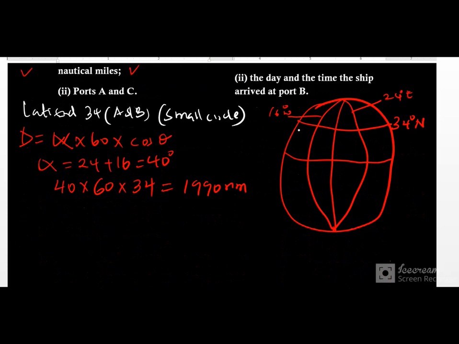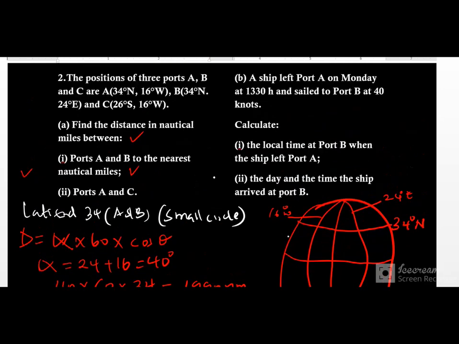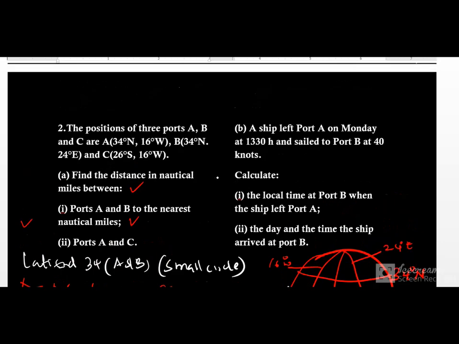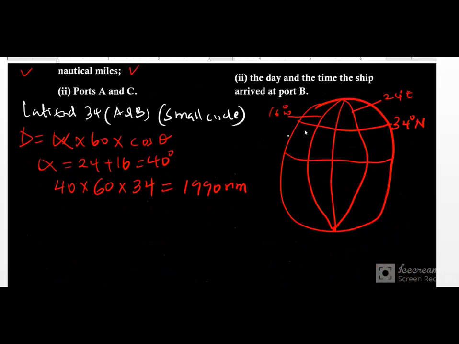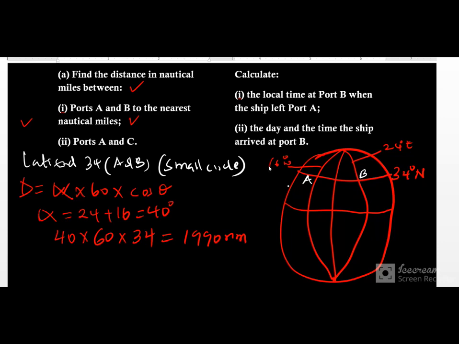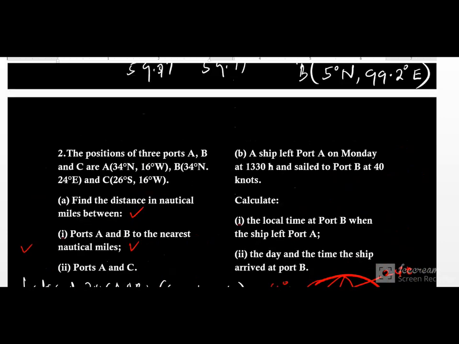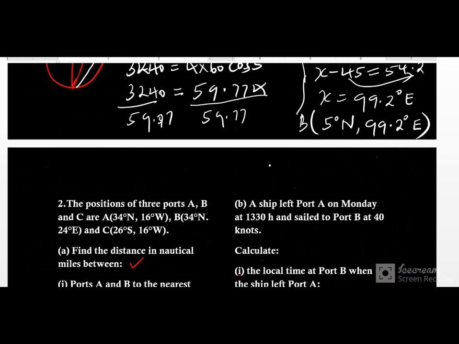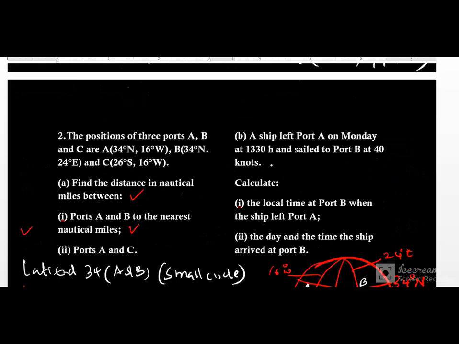So this is port A at 16 west, and this one is port B. And then we are told that C is on the same longitude, but down at 26 south.